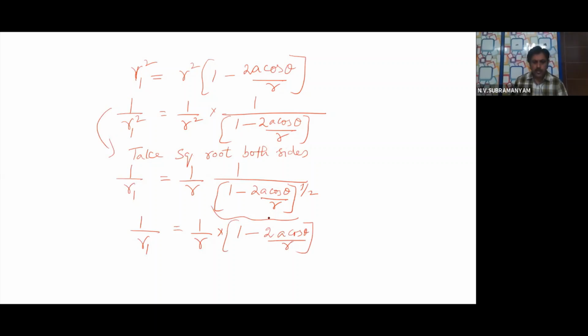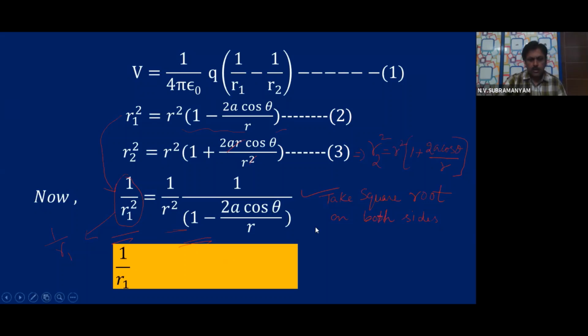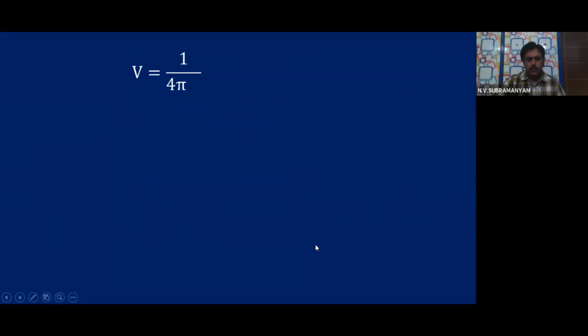If we take the term to the numerator, the power will change sign: here plus power is there, that will become minus power. So that is what we have shown in the equation. See here, 1 by r1 is equal to 1 by r into 1 minus 2a cos theta by r power minus half. Okay, next one let us see.